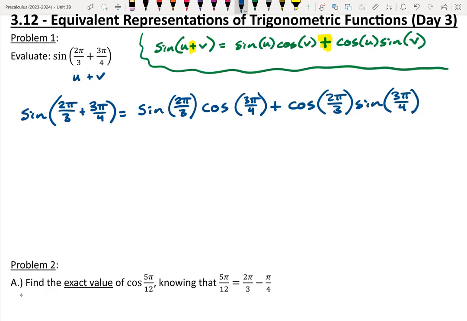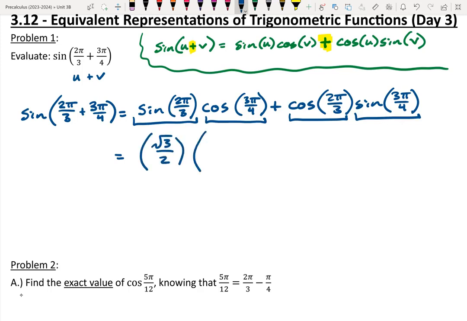Now, at this moment, 2 pi over 3 and 3 pi over 4 are angles on our unit circle. And we will be able to find the sine and cosine values at both of those angles. So at 2 pi over 3, what is the value of sine? That is square root of 3 over 2. What is the value of cosine at 3 pi over 4?